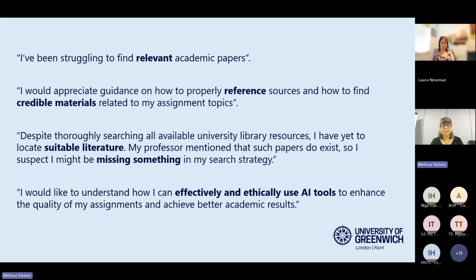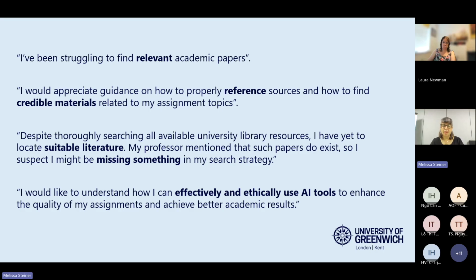The student said, "Despite thoroughly searching all available university library resources, I have yet to locate suitable literature. My professor mentioned that such papers do exist, so I suspect I must be missing something in my search strategy." Again, this is really common, because the students often know where the library catalogue is, but how to use it is a skill that needs to be taught.